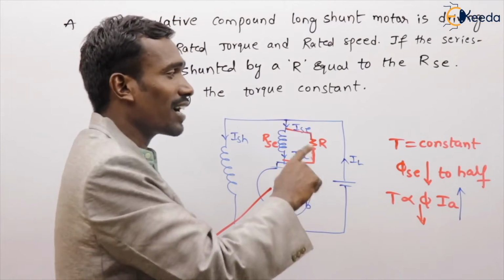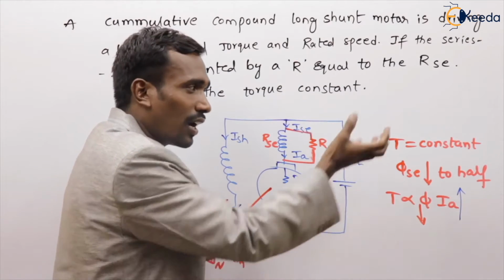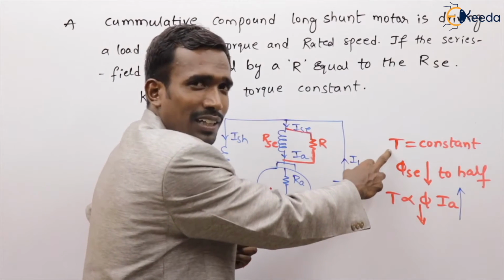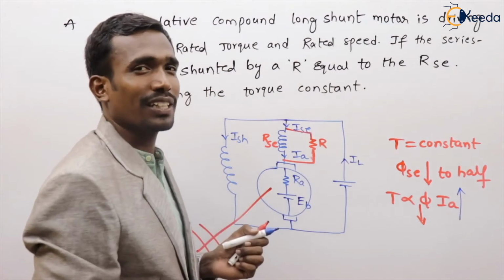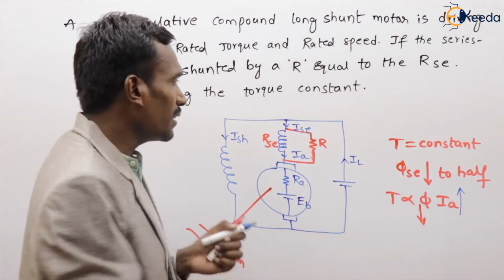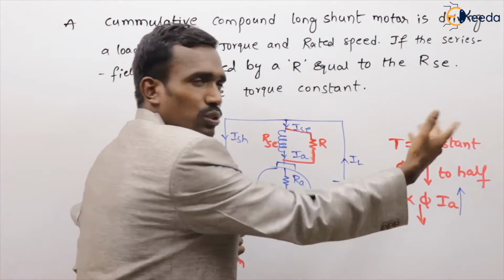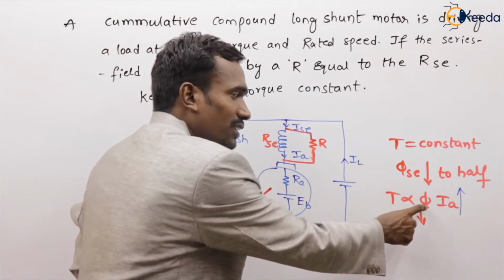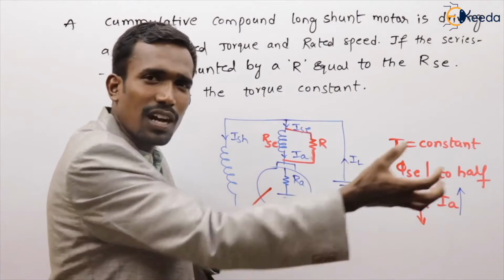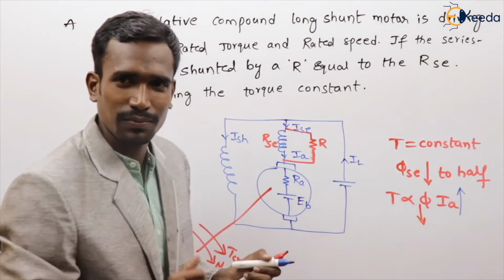So, to compensate for the low torque, the DC motor draws more armature current. When the resistance in parallel to RSE is connected, the flux reduces to half, and so the motor draws more armature current. This is our answer: armature current increases.